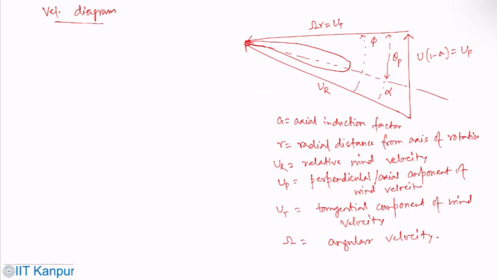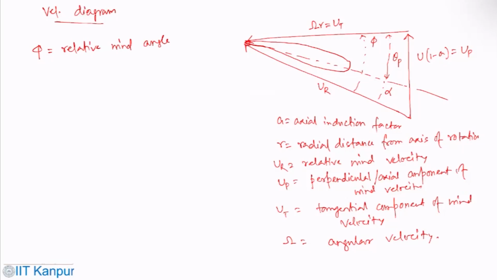So here we will consider the steady wind. Start with a steady wind, then subsequently we will consider the yaw error, yaw motion, and all these things. So here in this particular figure, phi is relative wind angle.